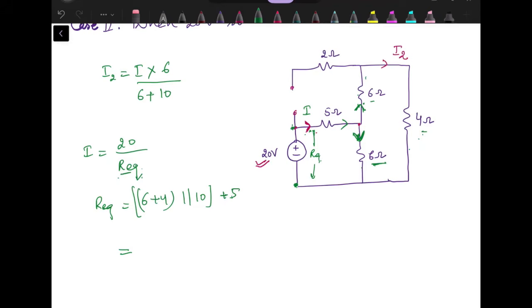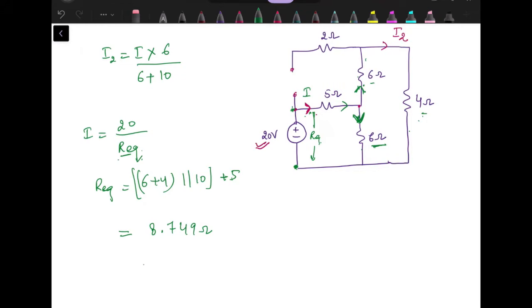So this will give us our equivalent resistance as 8.749 ohm.